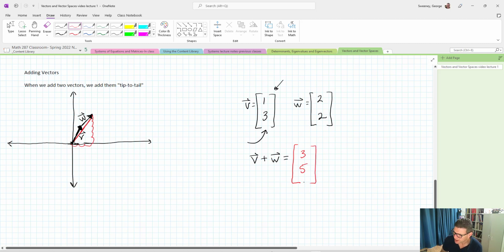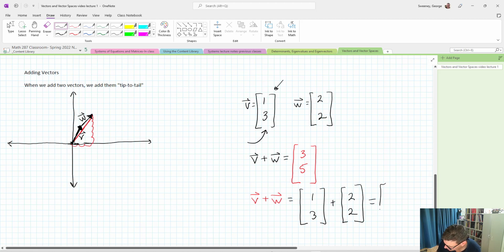Now, if you think algebraically, this is going to make sense, because if we add vectors like we add matrices, v plus w is going to equal (1, 3) plus (2, 2), and that ends up equaling (3, 5).